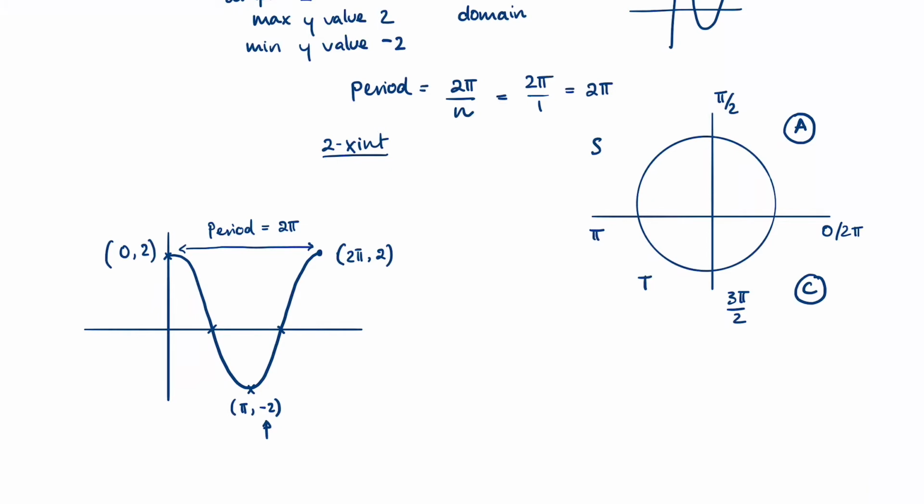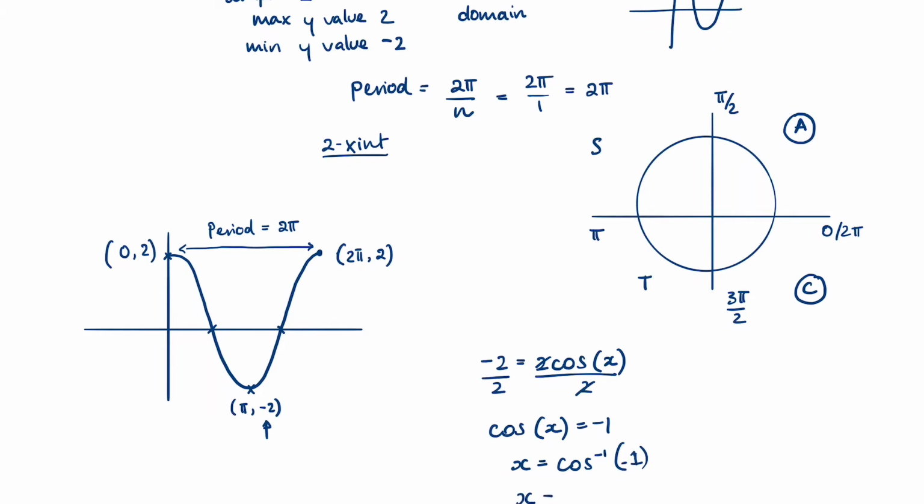So what you can do is some algebra here. We can do negative 2 instead of y is equal to 2 cos of x. Dividing out the 2 on both sides, we get cos of x is equal to negative 1. If we do the inverse of cos of negative 1, x is actually equal to pi.